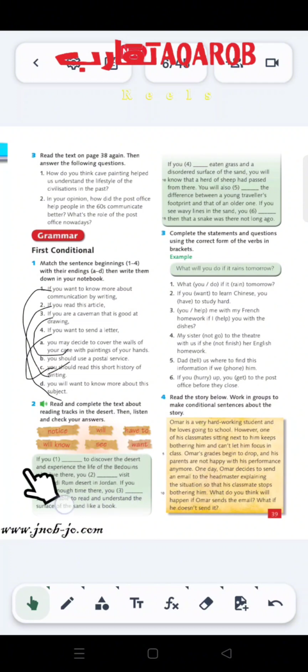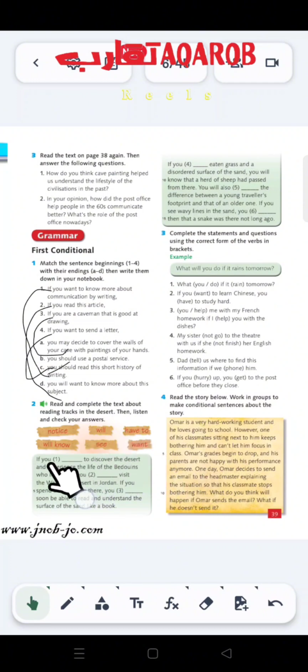So, first, if you want to discover the desert and experience the life of the Bedouins who live there, you have to visit the Wadi Rum desert in Jordan. So here the answer in 1 is want.